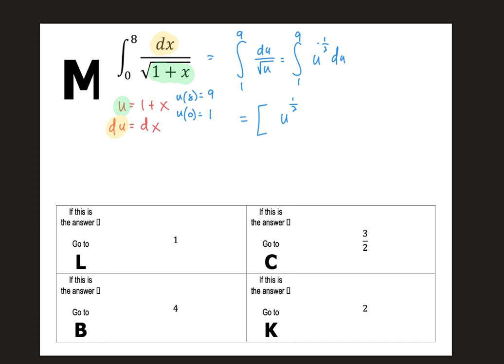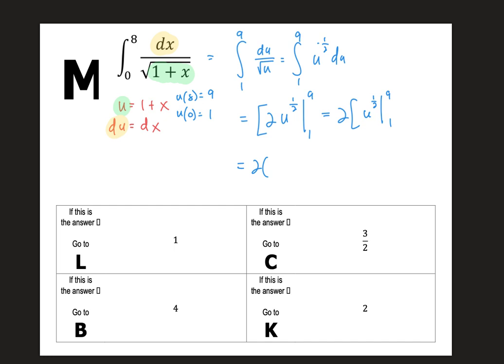And so the reciprocal of 1/2 is just 2. All right, I'm even going to pull that 2 out. Okay, you don't have to make a whole other step for that, but just to see what's really going on.